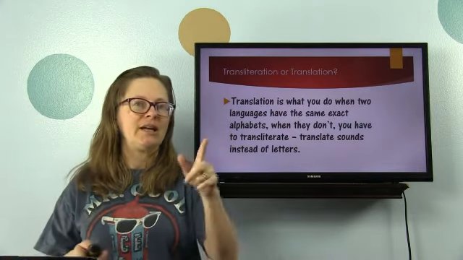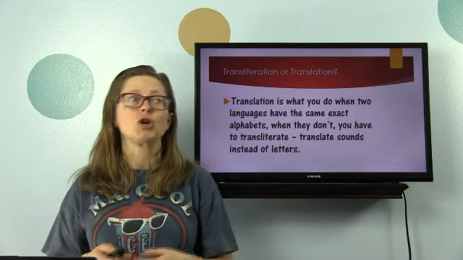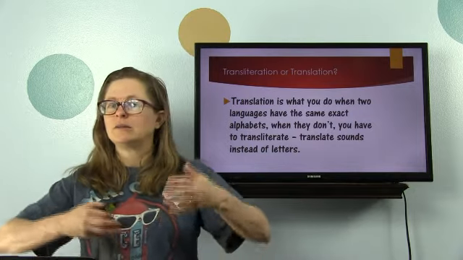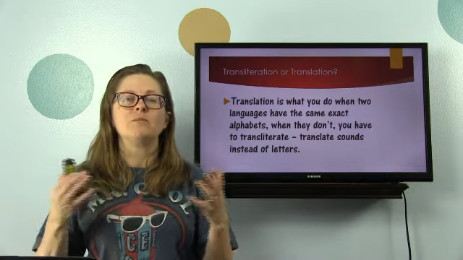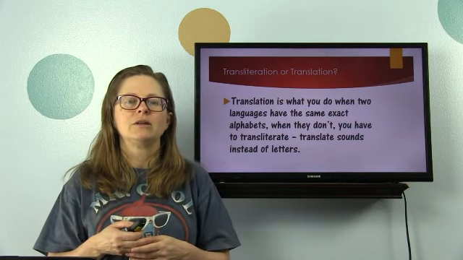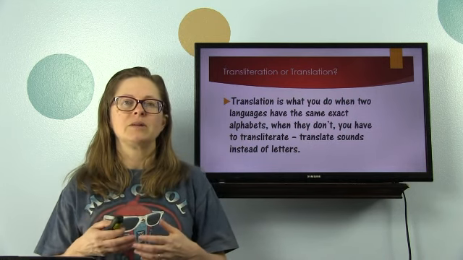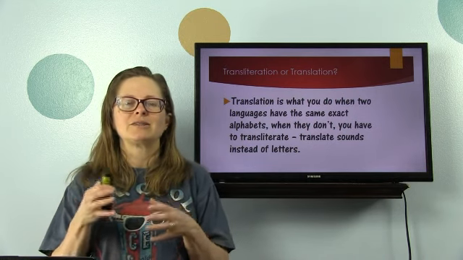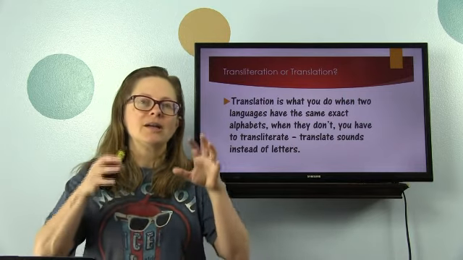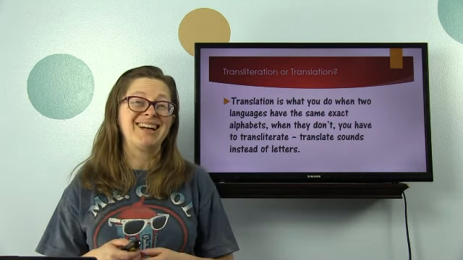For example, English and German have the same alphabets. Actually, English, German, French, Spanish, most languages in the world, I believe, use the same script as ours. I can't remember what that script is called, but it's the way our numbers and letters are throughout a lot of the world.